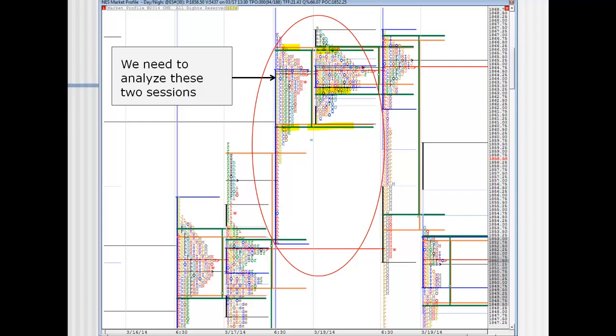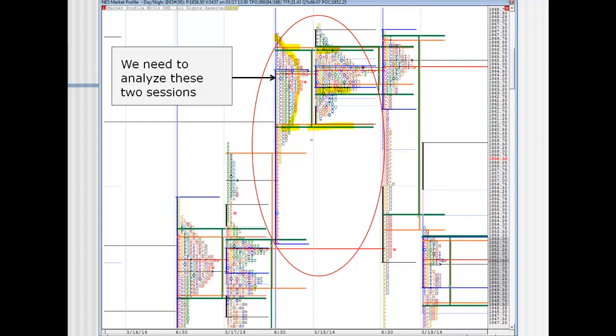And so for the most part, we could say that the development that occurred in the evening session was really a continuation or a continuity of the development that was occurring during the latter part of the day session. It would just continue to move in that same range.